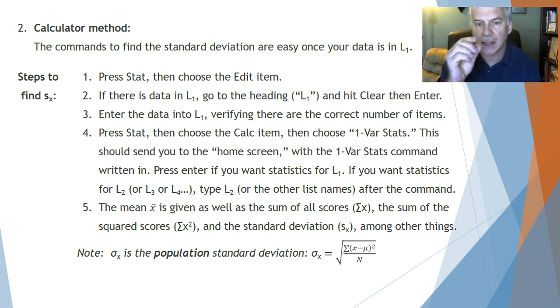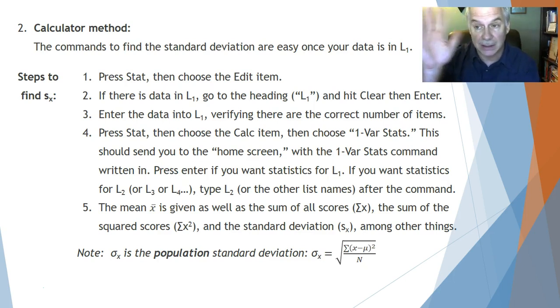So press stat and then edit, and then if you have data in your L1 column, you can delete that by going up to the heading of that column where it says L1, and then hit clear and then enter. Now don't hit delete.